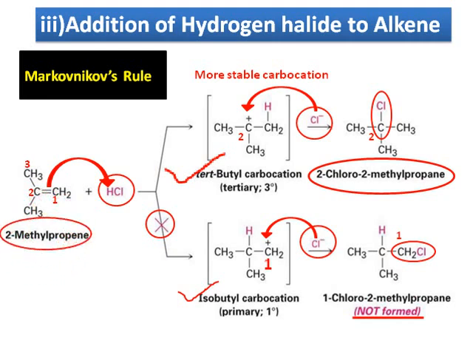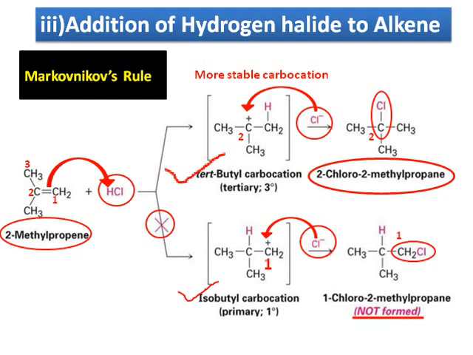According to the Markovnikov rule, an unsymmetrical alkene like 2-methylpropene, when added to hydrogen chloride, gives the 2-chloro-2-methylpropane product, where the negative part of HCl, that means chlorine, is added to that carbon atom which contains less number of hydrogen atoms.